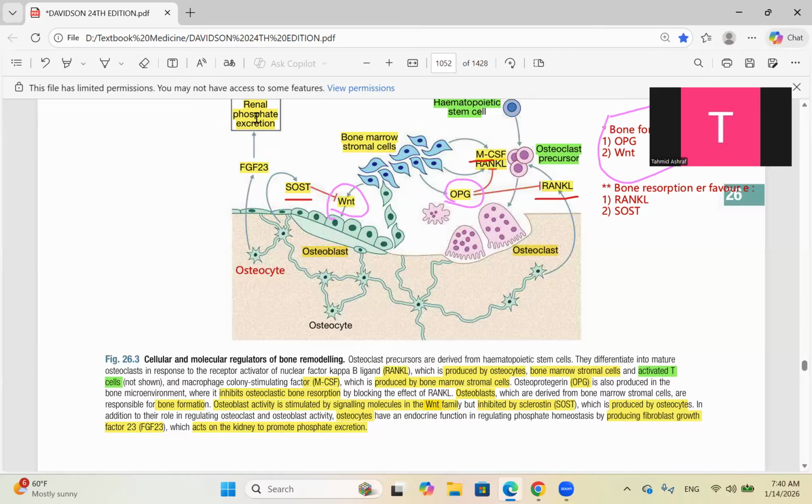This is the role of FGF23, which is produced by bone cells, osteocytes. Fibroblast growth factor acts on kidney to promote phosphate excretion.